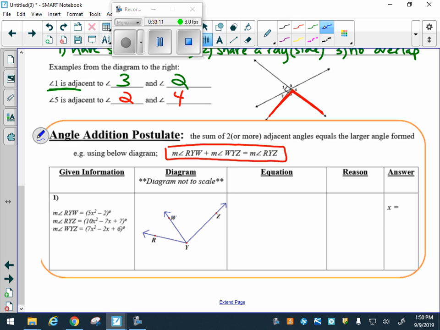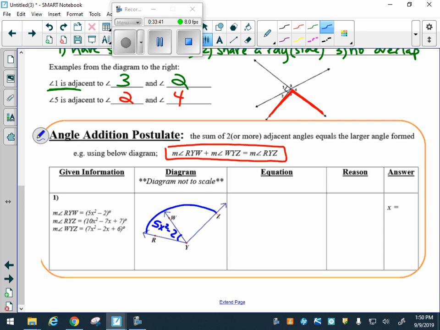So this says angle RYW is 5x squared minus 2. I'm going to find RYW, and I'm going to label it 5x squared minus 2. Measure of angle RYZ. Be careful. Which one is RYZ? The big one.